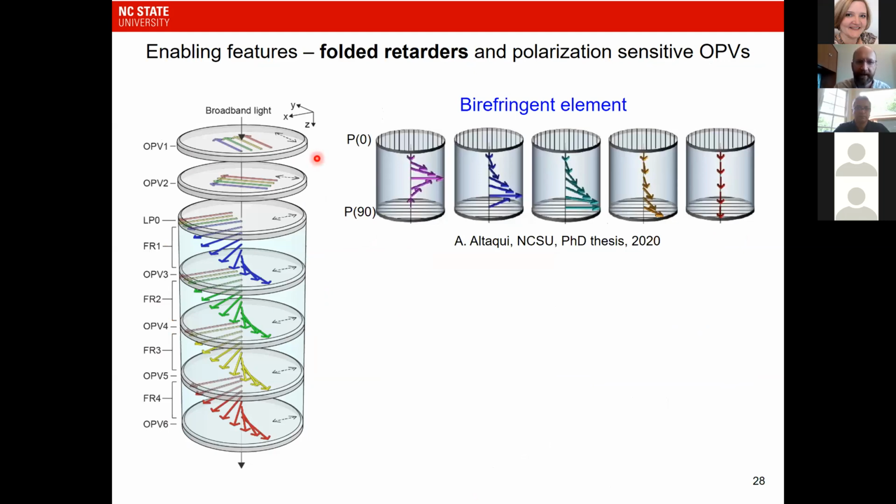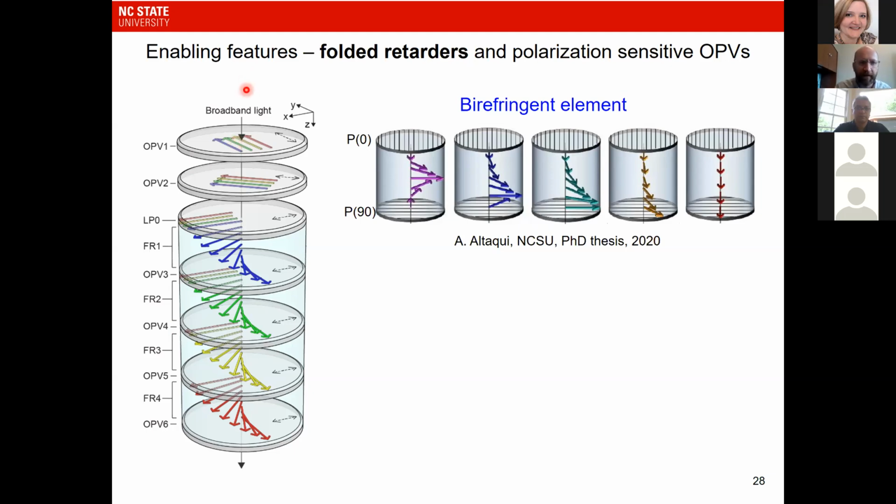So the idea here is that we have light come in, and we have effectively polarizers, but instead of polarizers that only let one polarization through, the polarizers are the photovoltaic cells. Whatever light isn't transmitted is collected, and we can measure that amount of light. So it's almost like a polarizer that's simultaneously a photodetector.